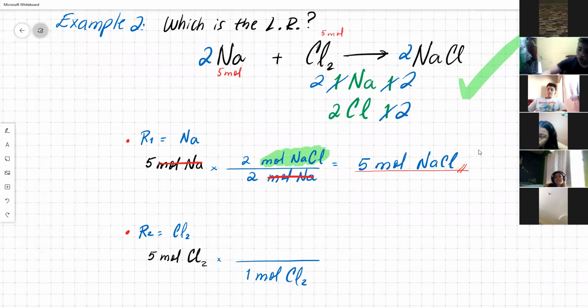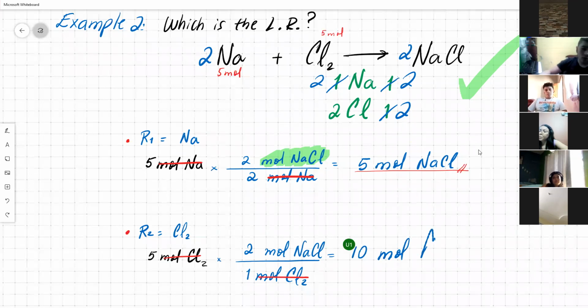And in the top, how many moles of sodium chloride? 2. So you cancel the moles of chlorine with moles of chlorine and it gives you, as a result, 10 moles of NaCl.